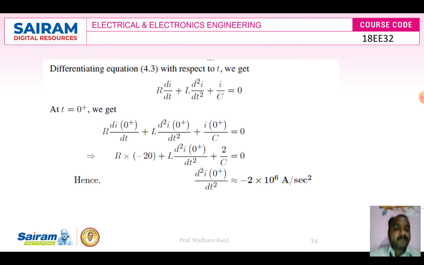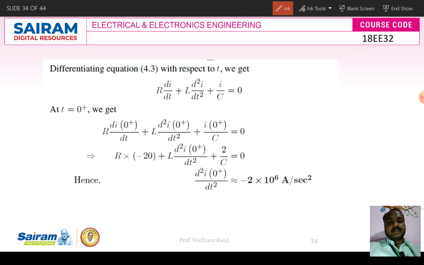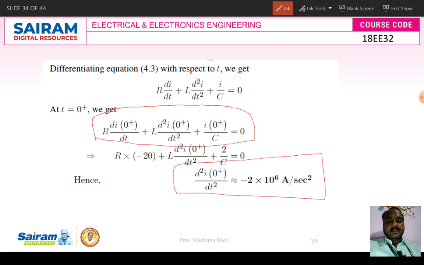At t is equal to 0 plus we get the above equation like R into di of 0 plus by dt plus L into d square I of 0 plus by dt square plus I of 0 plus by C. Okay, so now d square I of 0 plus by dt square is equal to minus 2 into 10 power 6 amperes per second square. So this is the answer for this one.